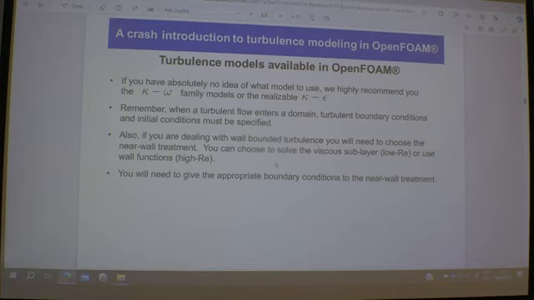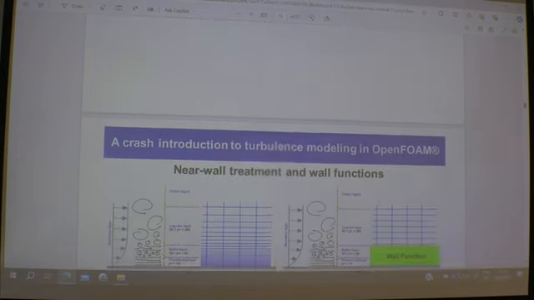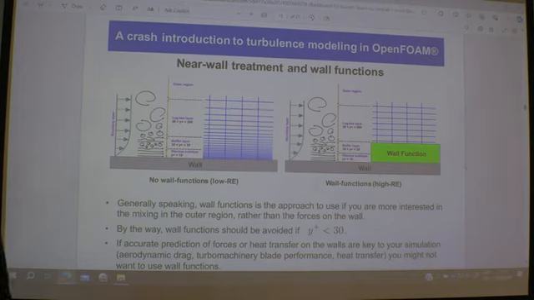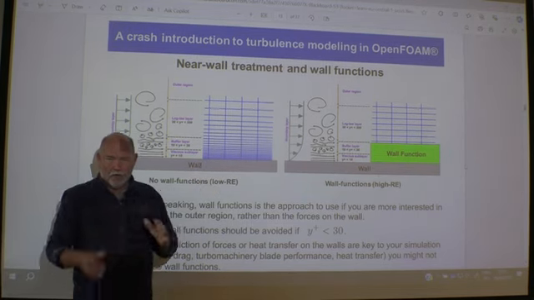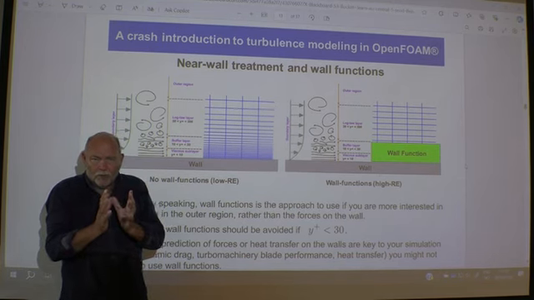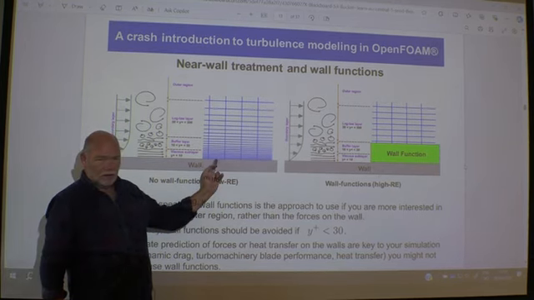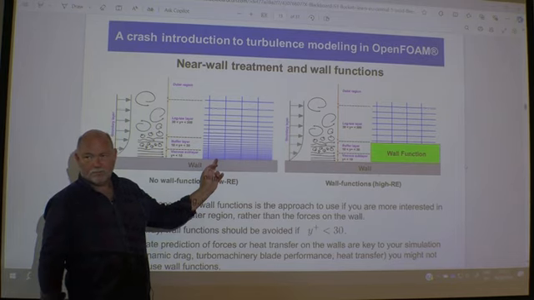Problem here again: boundary conditions, how to treat the walls, how to treat the inlet. That is now also a question. So you have sort of the choice here. Either you resolve the boundary layer. You have to have a distance in y plus for your first cell smaller than 6.